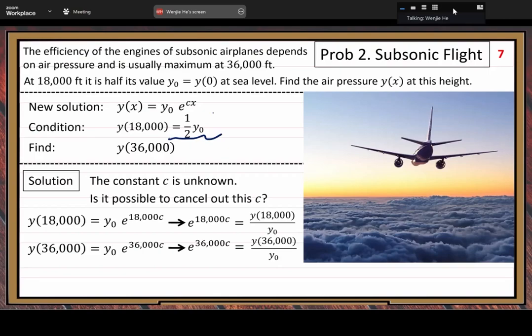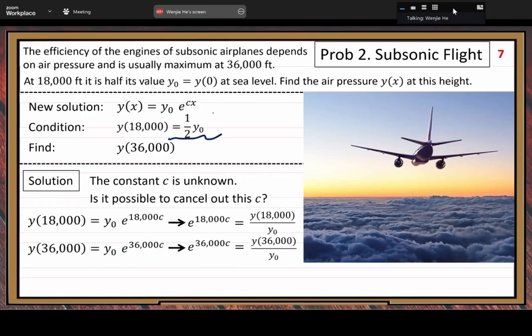Similar structure, both sides. I intentionally write these two equations together because my current goal is to find a way to cancel out the unknown constant C. Annoying, not convenient, but we want to find a way to remove it.